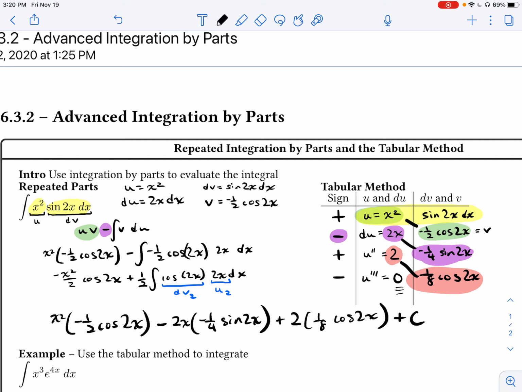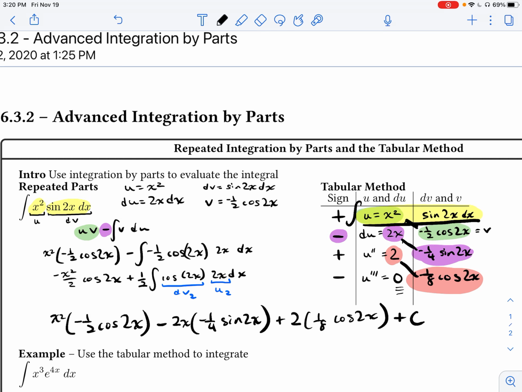The integral of the product of this row that I've highlighted in yellow is going to be the result of multiplying x squared by negative 1/2 cosine 2x and adding up all of these diagonal products. If we compare and color coordinate what we have with every single step of the way, we see that x squared times negative 1/2 cosine 2x was our u, and we're continuing on with the tabular method.